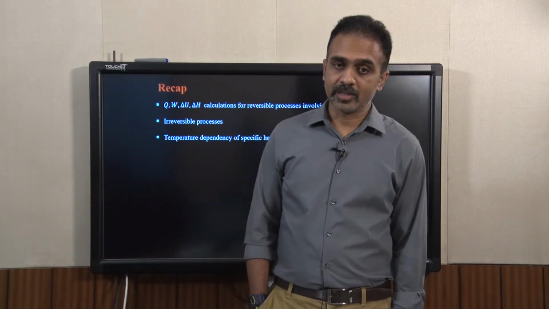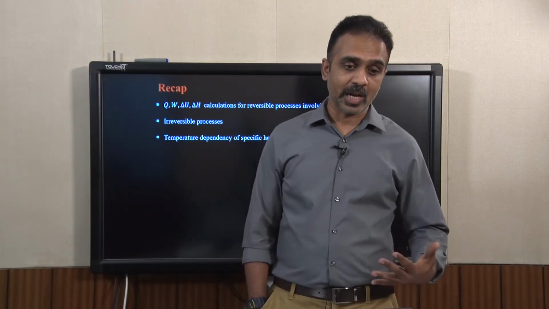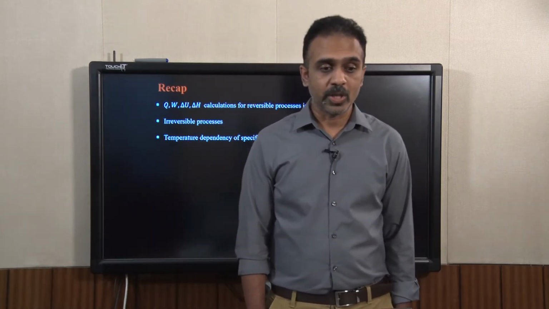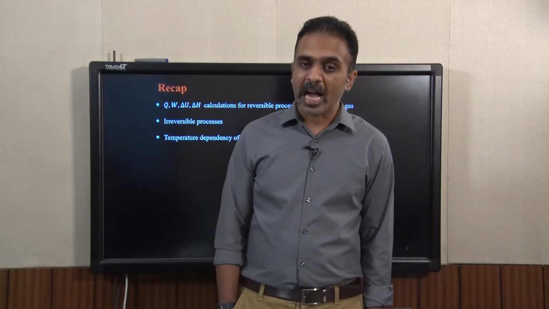In general, we are interested in knowing how these inefficiencies can be accounted for, because ultimately that would give us how much work output comes out of a process. We would like to maximize the work output from a process, or minimize the work requirement, right?